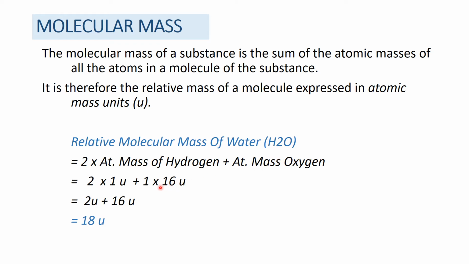As you can see here, 2 multiplied by 1 u, that is the atomic mass of hydrogen, plus 1 multiplied by 16 u, that is the atomic mass of oxygen. So 2 u plus 16 u becomes 18 u. So the relative molecular mass of water is 18 u.